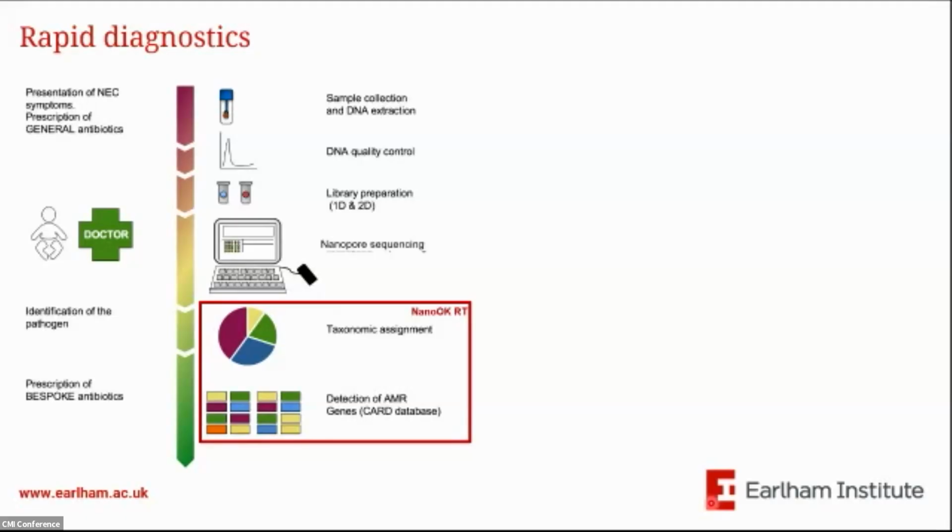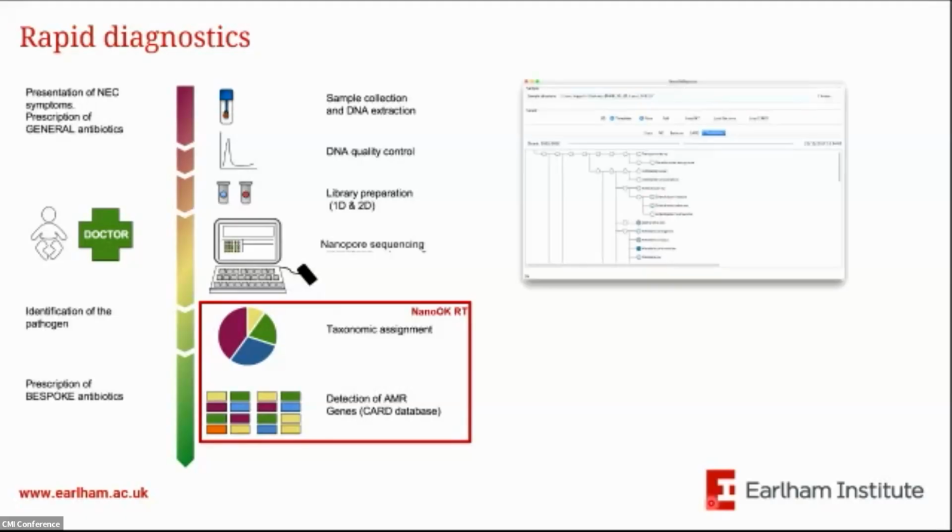It performs classification of the metagenomic sample, using a BLAST and lowest common ancestor approach, for those of you who know about that sort of thing. It assigns reads to taxa, and it also does AMR analysis via the CARD database, the Comprehensive Antibiotic Resistance Database.